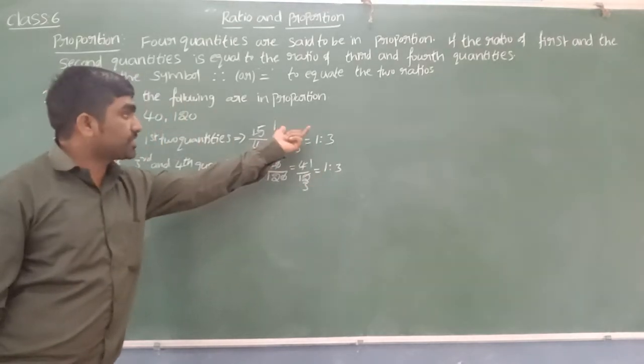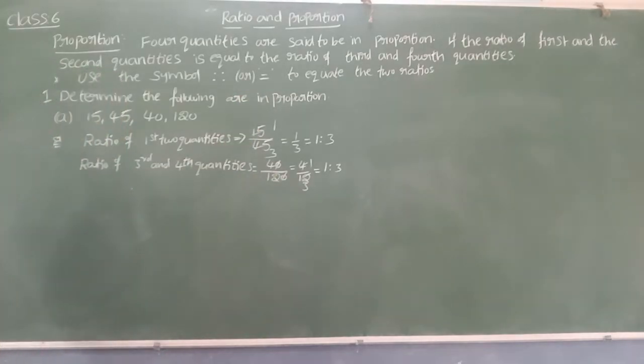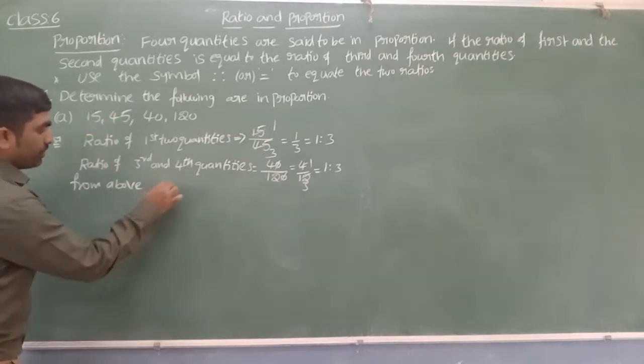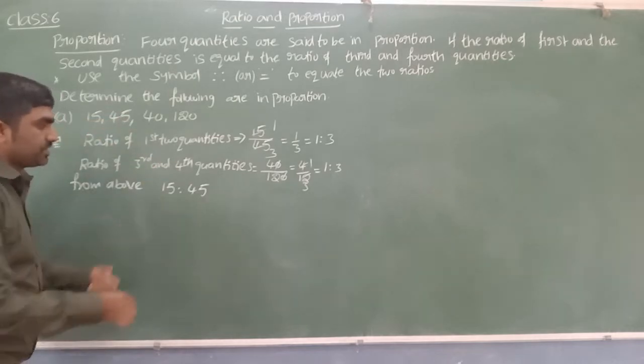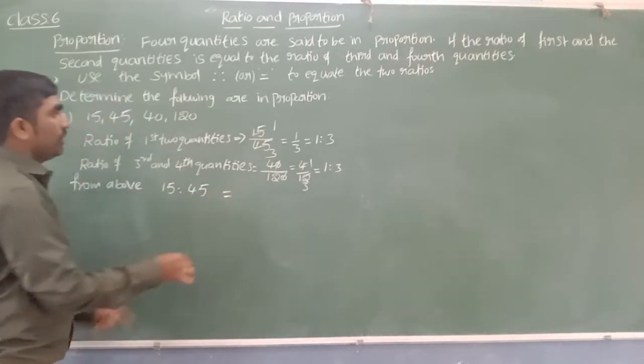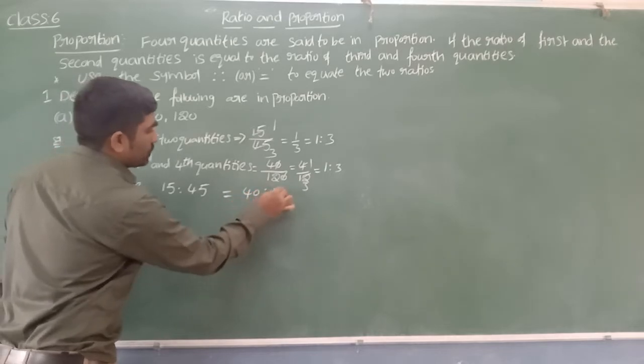The ratio of first and second quantities is equal to the ratio of third and fourth quantities. Now what can we say? The given four numbers are in proportion. The ratio of the first two quantities equals the ratio of the third and fourth quantities.